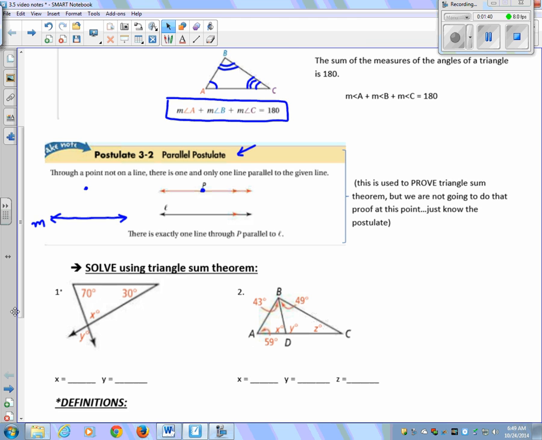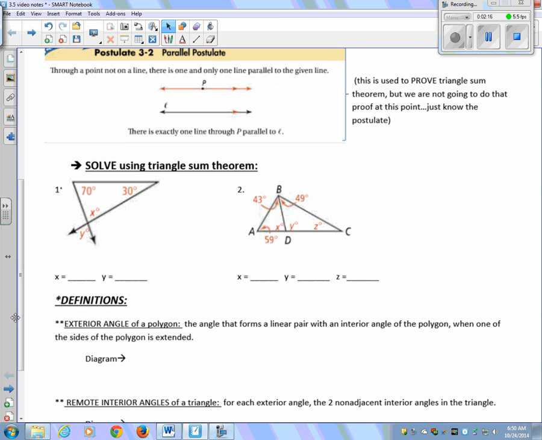If I say to you, draw a line that contains point P and is parallel to line M, there is only one way you can draw that line. There's only one line that is parallel to M and contains point P. That's what that postulate says. Sometimes we use that to be able to prove certain theorems, and the triangle sum theorem is one that is proved using that postulate, so that's why it's in this section here.